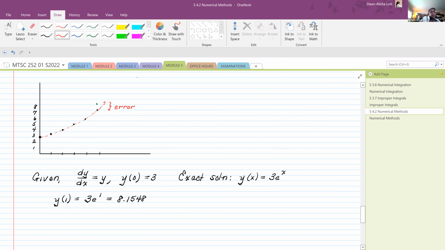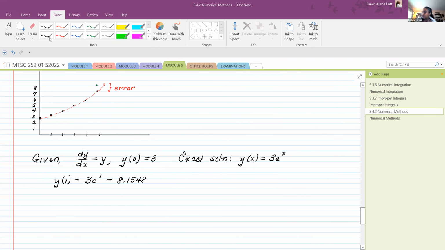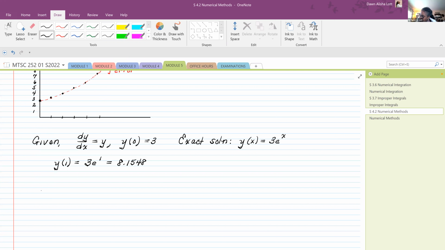So we can find out what that true error is. So the error is to take the true solution minus the approximate solution in absolute value.